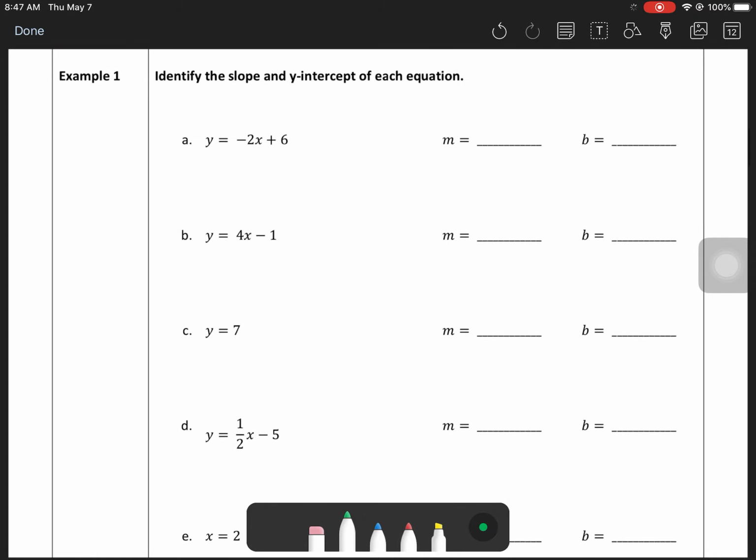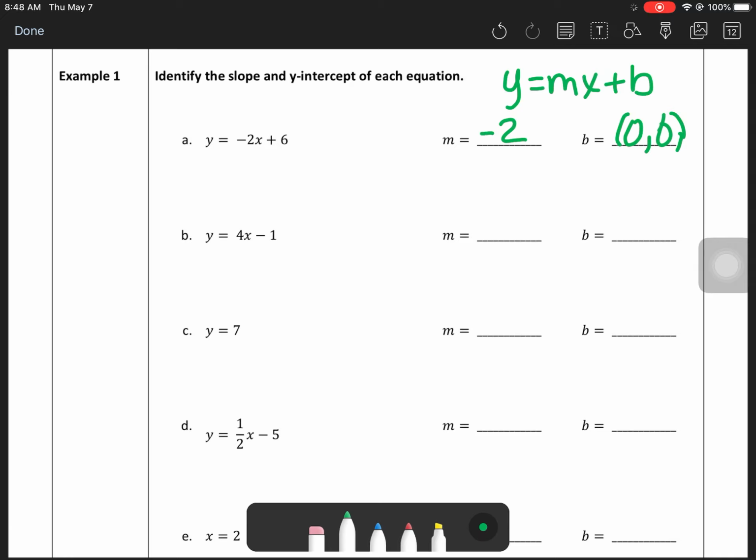All right, so the first part, we're just going to identify the slope and the y-intercept. So remember, the slope is always the number that's right in front of the x, and the y-intercept is the number after that. So in this case, the m, the slope is -2, and the y-intercept is 6, and we write it as 0, 6.